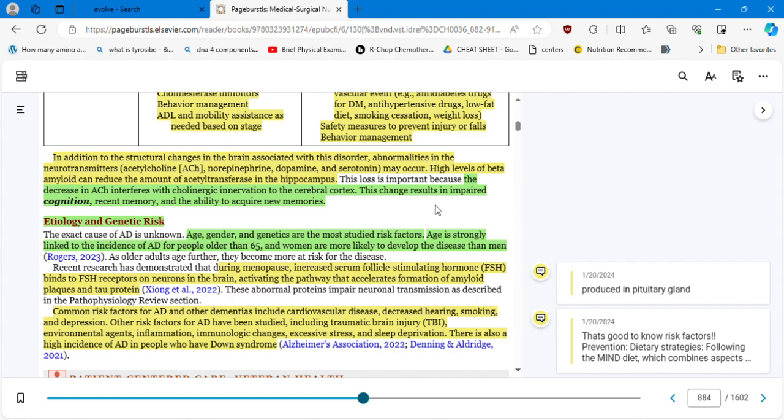This change results in impaired cognition, recent memory, and the ability to acquire new memories. Because we need to remember that acetylcholine improves our cognition, makes us work better in terms of remembering recent or past events, and helps us in the ability to acquire new memories.